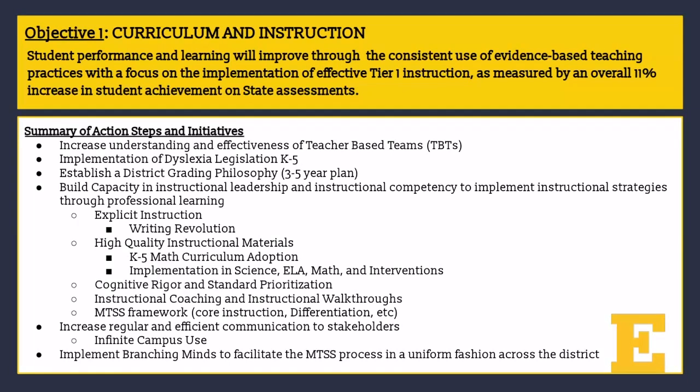We're focusing on increasing the effectiveness of our teacher-based teams to ensure the best instruction possible. We're also looking at the selection and the implementation of high-quality instructional materials. And we're also looking at how we can use our Branching Minds to help us facilitate uniform use of our MTSS framework.